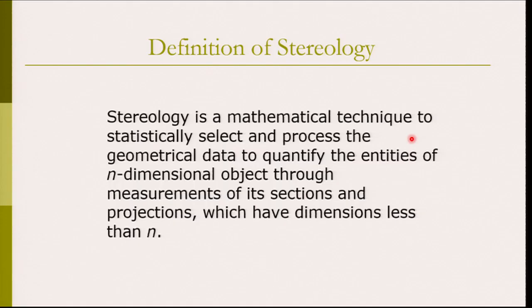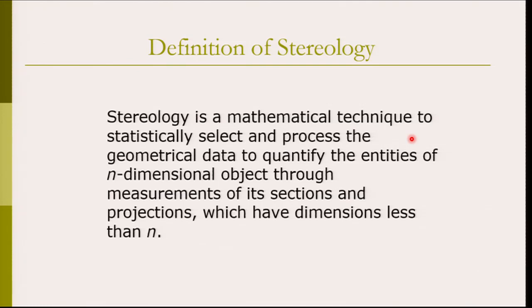We need to understand the fundamental principles behind the calculation of the number of fiber to fiber contacts, and the first technique normally used for determining fiber to fiber contacts is stereology. How do we define stereology? Stereology is a mathematical technique to statistically select and process geometrical data to quantify the entities of an n dimensional object through measurements of its sections and projections, which have dimensions less than n.